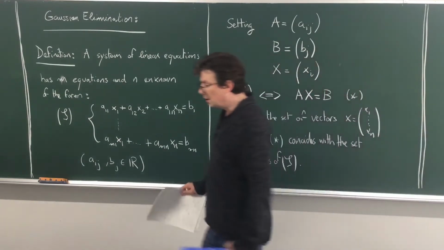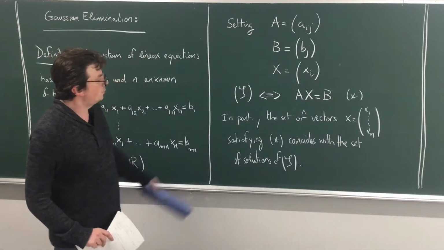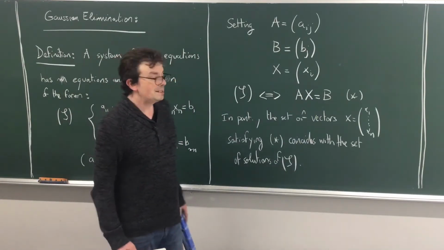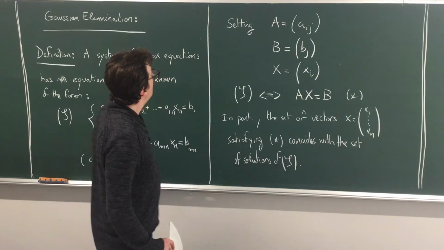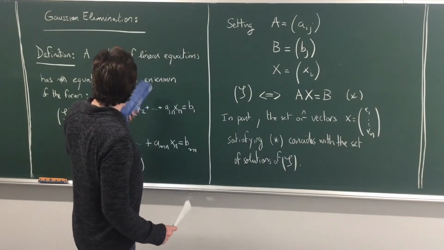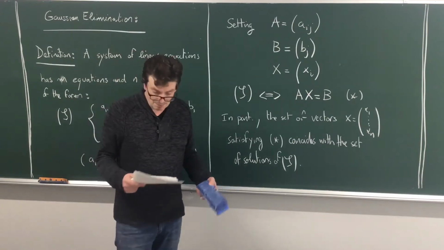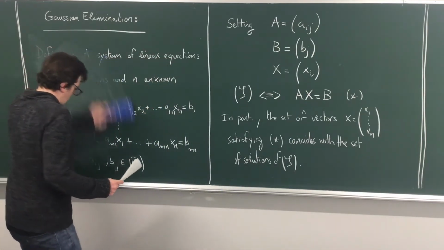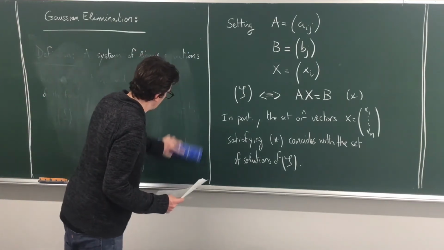Now to succeed to solve this equation, we will use the so-called method of Gauss, German mathematician of the 19th century, and that is called the Gaussian elimination. So what is this method?